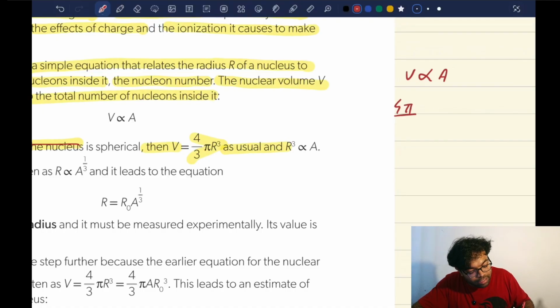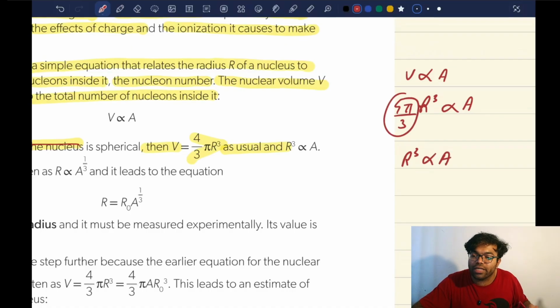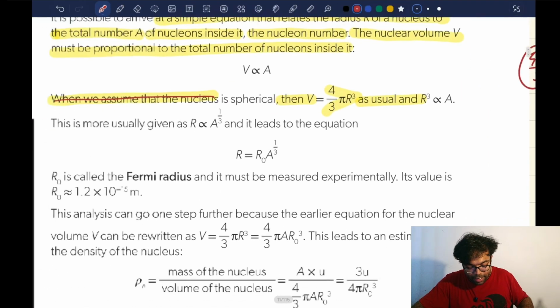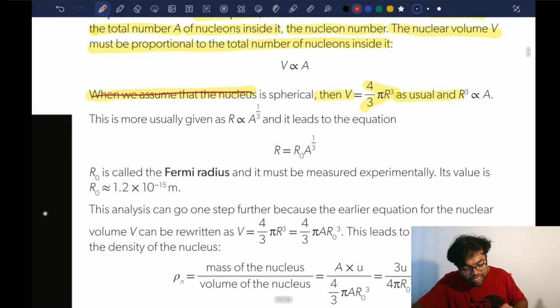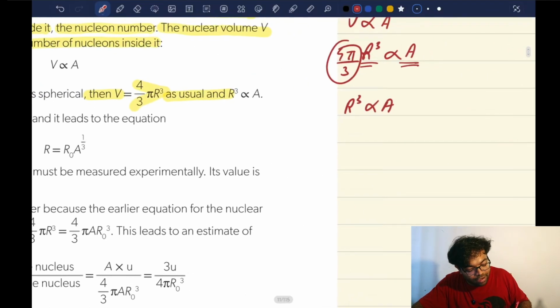Therefore, 4 by 3 pi r cubed is directly proportional to A. So can I say that r cubed is directly proportional to A? Because 4 upon 3 pi is a constant. This is more usually given as r is directly proportional to A to the power 1 by 3. So we can write r is proportional to the cube root of A.